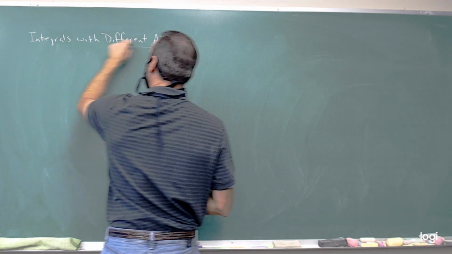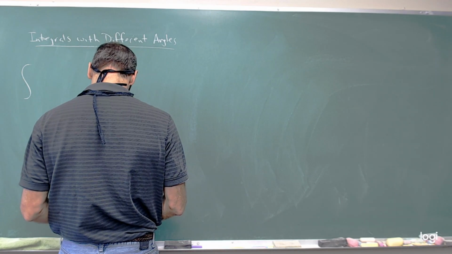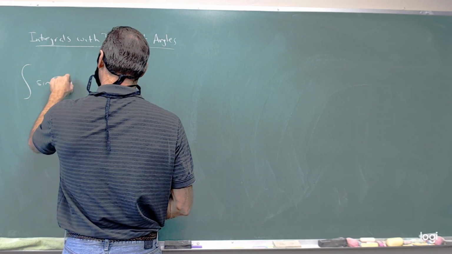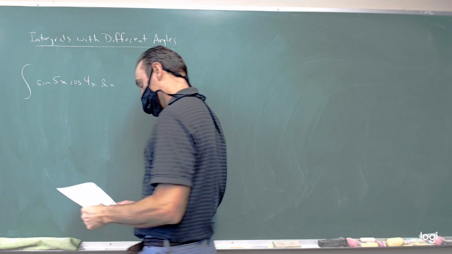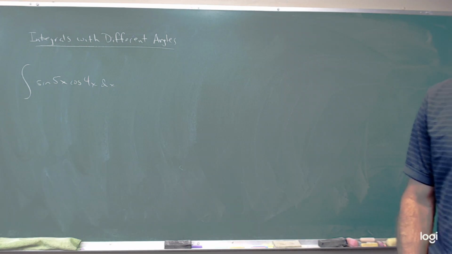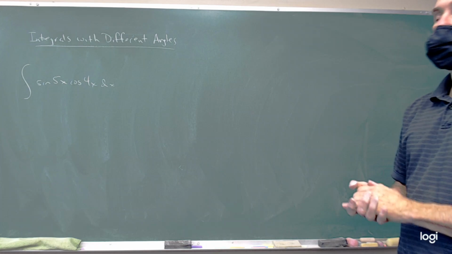Again, it's all on that one sheet that you have. So if we do the integral of sine 5x cosine 4x, remember these? See if you can find it on that sheet somewhere.